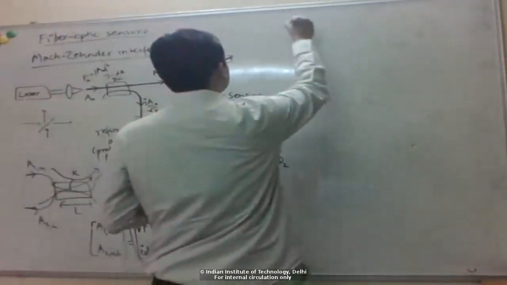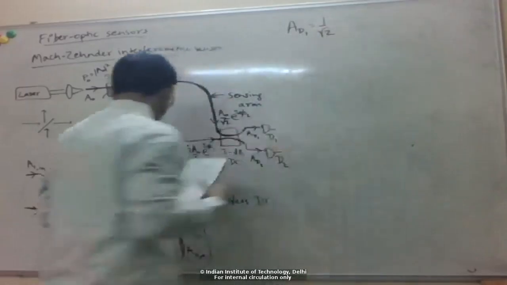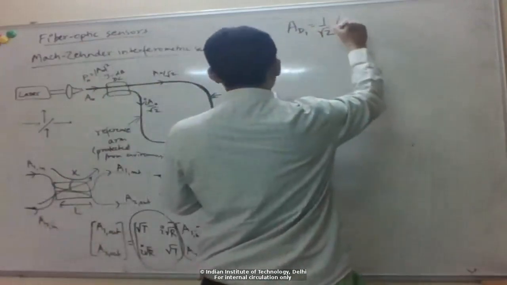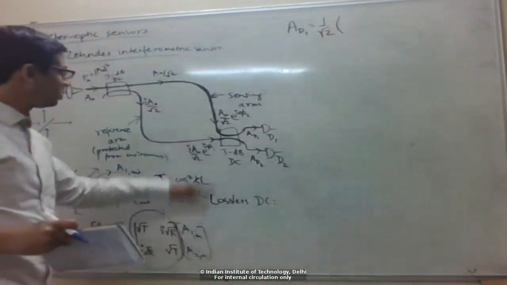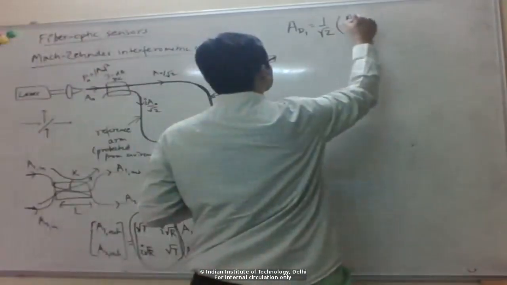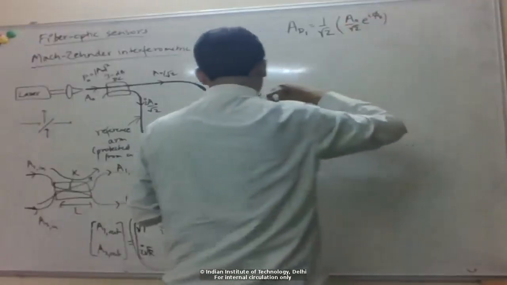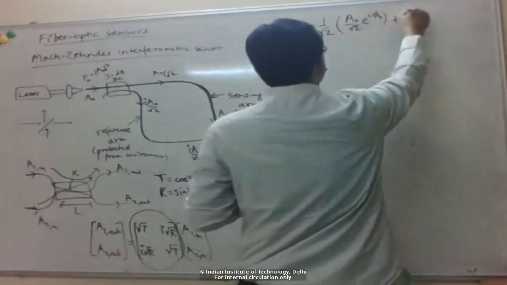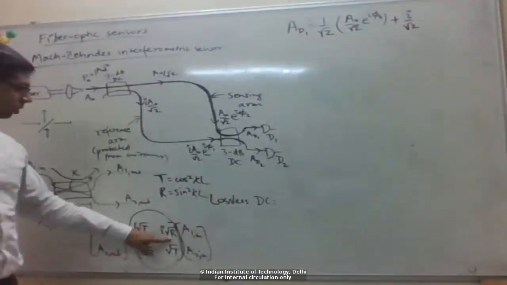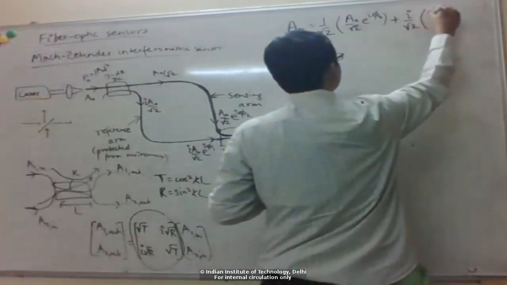So we can write A_D1 as 1 by square root of 2, which is square root of t here, times A1 in, which will be this A_0 by square root of 2 e to the i phi 2, plus i by square root of 2 times A2, which is this. So here I'll have i times.